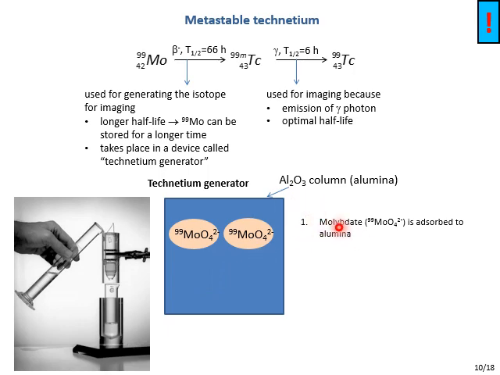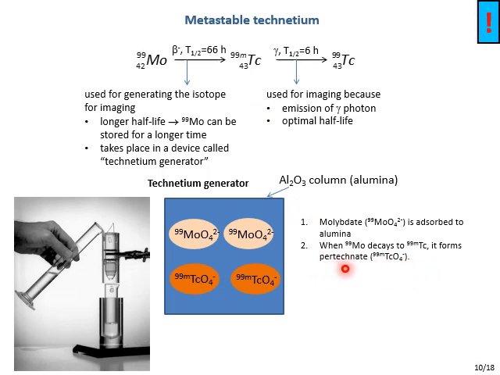So the salt of the mother isotope, molybdate, which has a double negative charge, is bound to alumina, aluminium oxide, and due to the presence of this double negative charge, the binding of the salt to the column is relatively strong. When the mother nucleus undergoes a negative beta decay, technetium is produced, and the salt will be present.